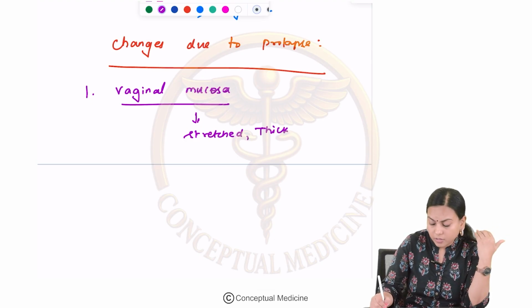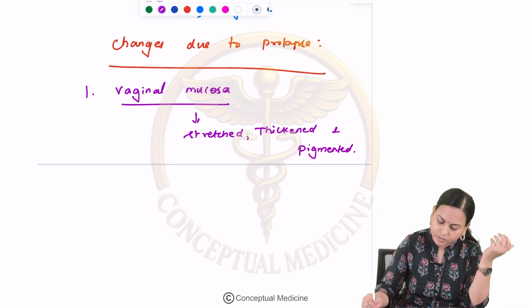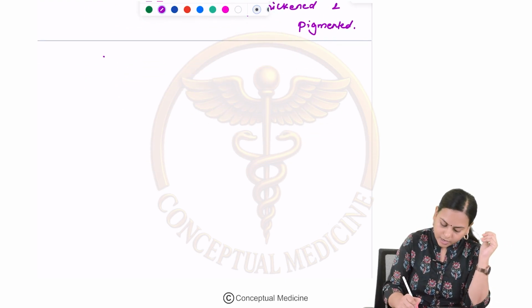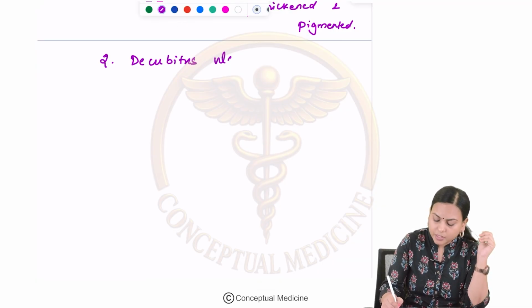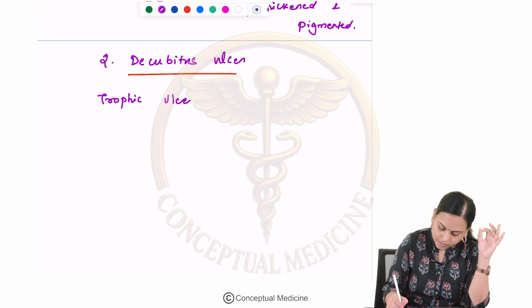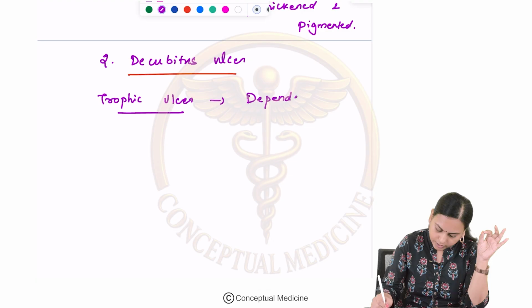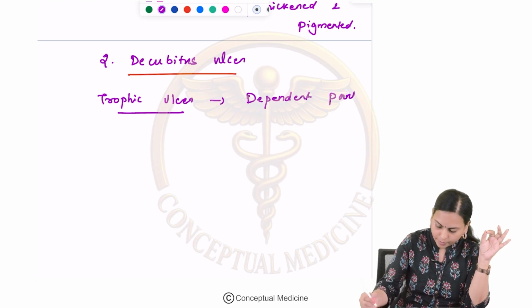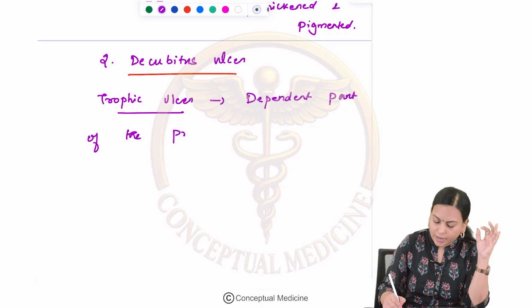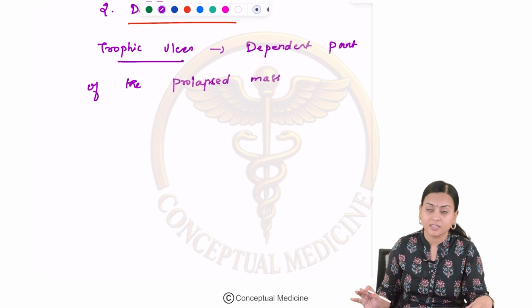It will become more thickened and pigmented also. Clear? And next one is, she can get an ulcer called decubitus ulcer, which means a trophic ulcer that is found on the dependent part of the prolapsed mass that is lying outside the introitus.